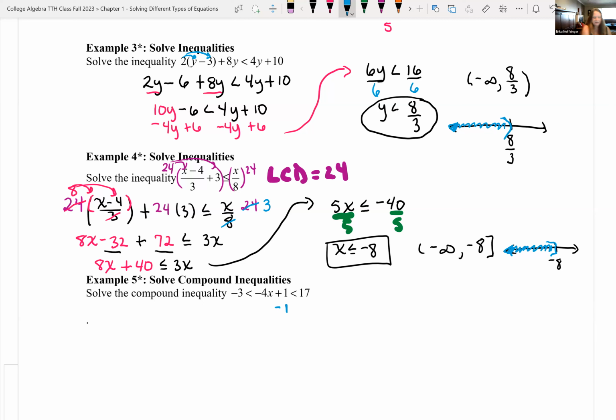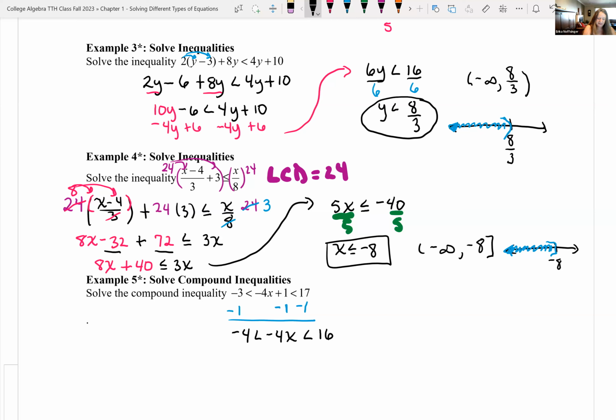But if I do anything in the middle of the two inequalities, then I have to do it on the other sides also. So we technically are subtracting 1 on both sides. So we have -3 minus 1 is -4, is less than -4x, which is less than 17 minus 1, which is 16.